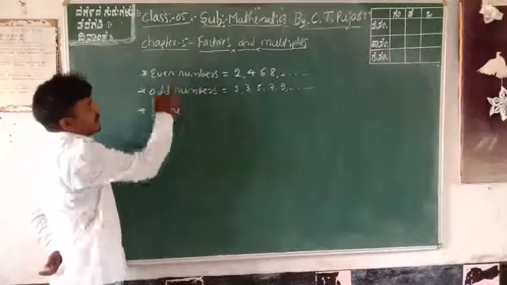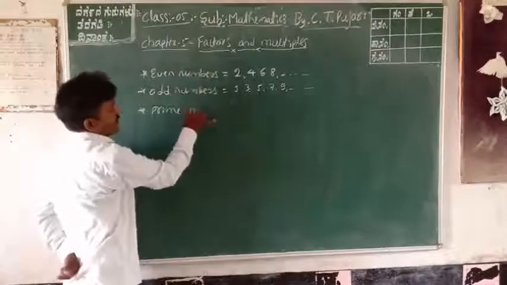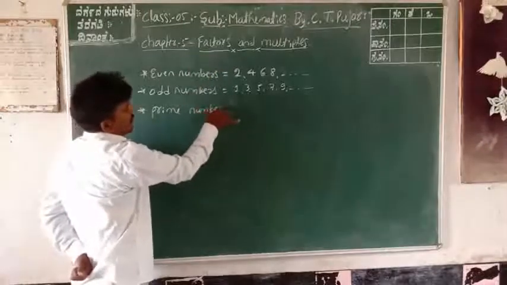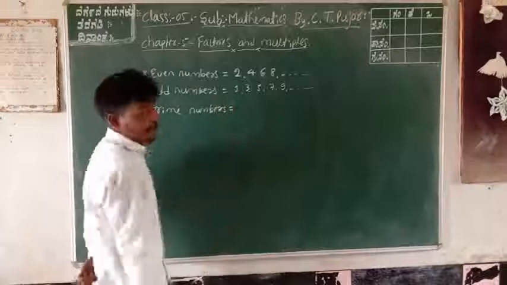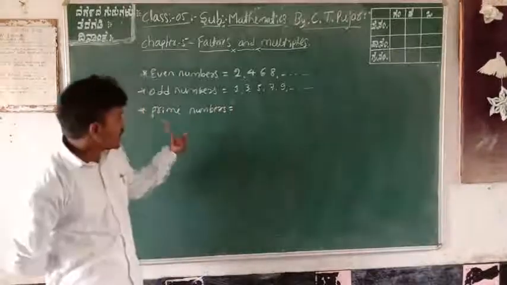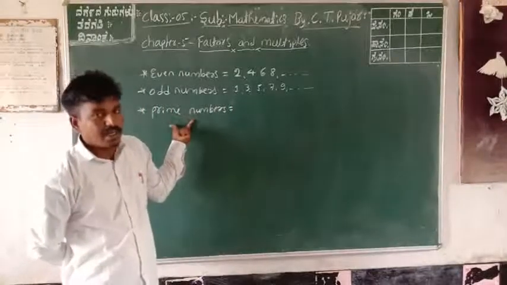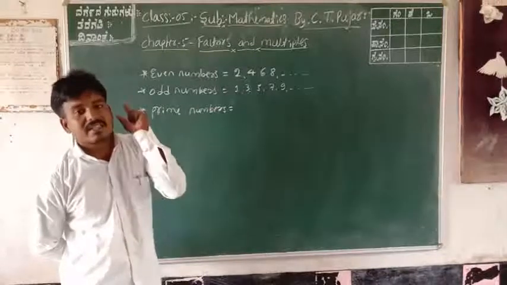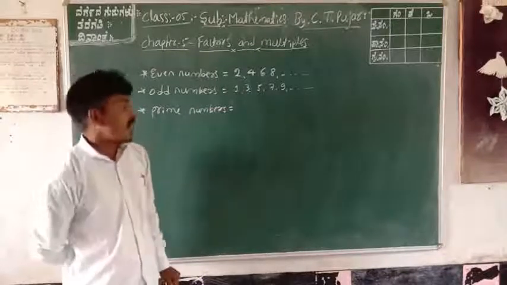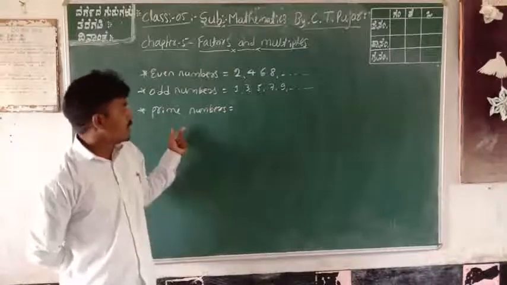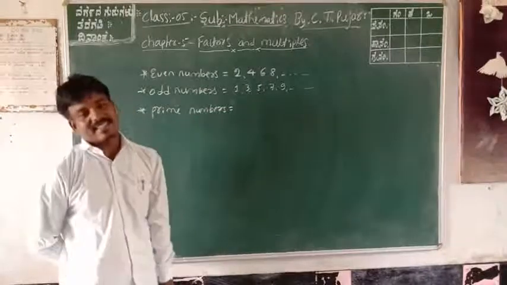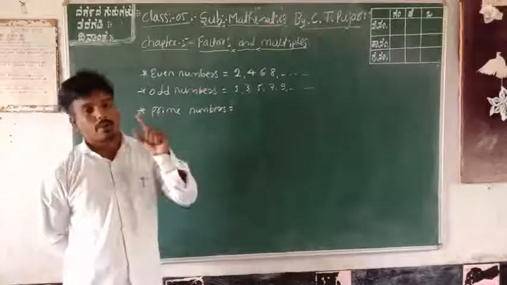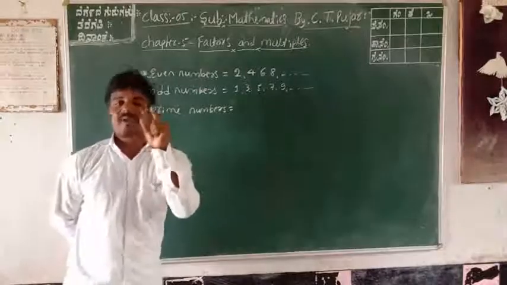Prime numbers. What is the definition of a prime number? A number that is divisible by itself and only 1 is called prime. Or otherwise, a number that has only two factors is called a prime number.